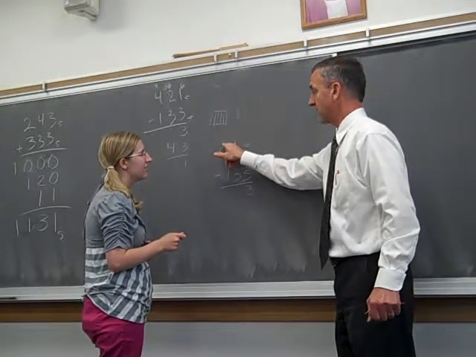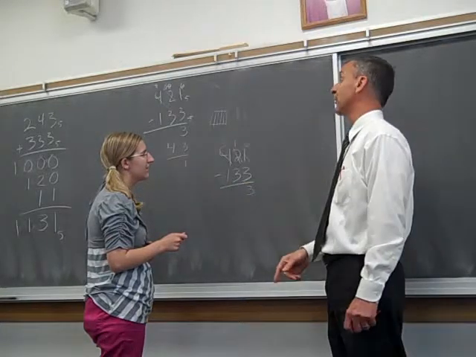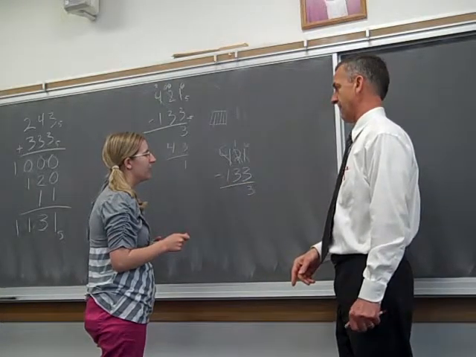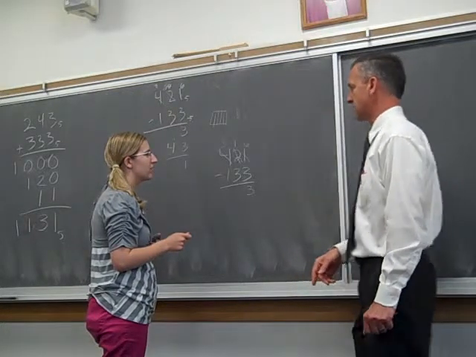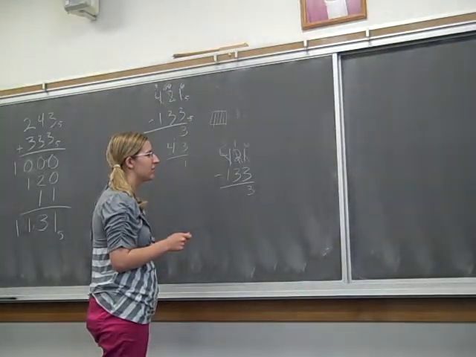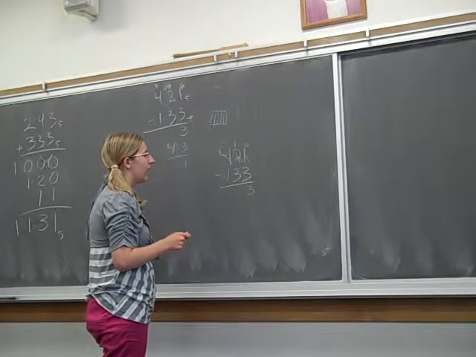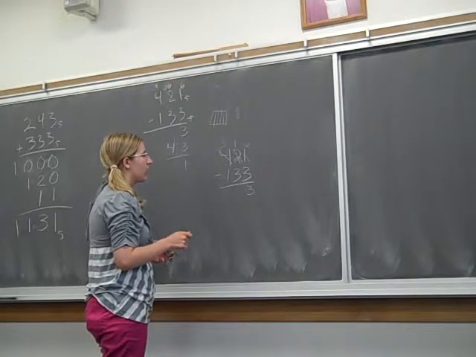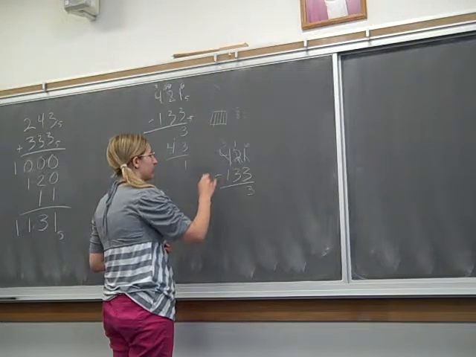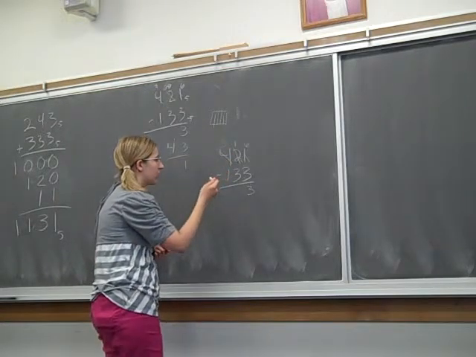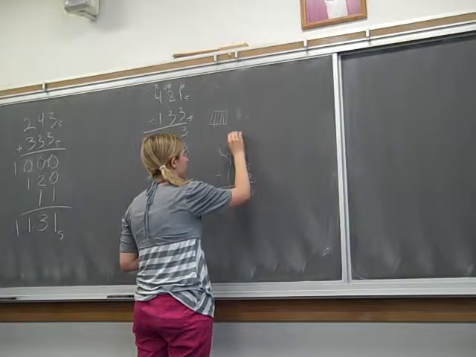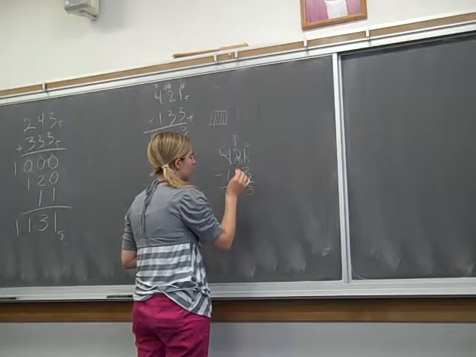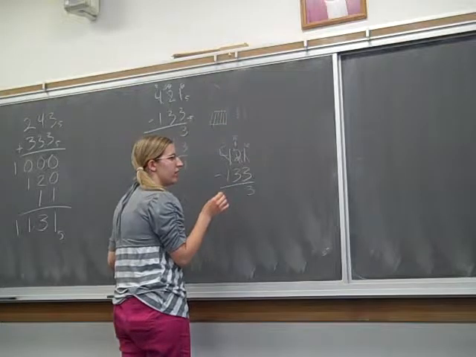Now we've got 3 flats because I came over and got 1 flat to exchange. So what are you going to do with that 1 flat that you just got? I'm gonna add it to my rod, which is gonna make it 30 in value.